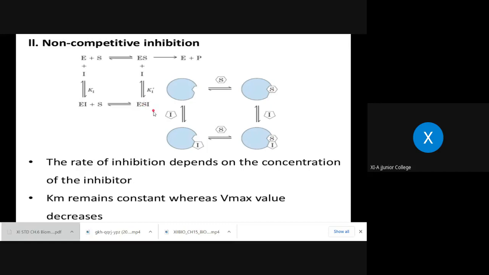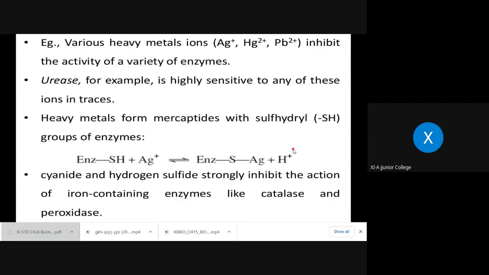Here in reaction C, this is the ESI, that means enzyme, substrate and inhibitor. If you remove the inhibitor, then the rate of the enzyme activity will be increased. So that's why it is said that it depends on the concentration of the inhibitor. If the substrate concentration is increased, the inhibitor effect will be reduced. So this you need to remember.